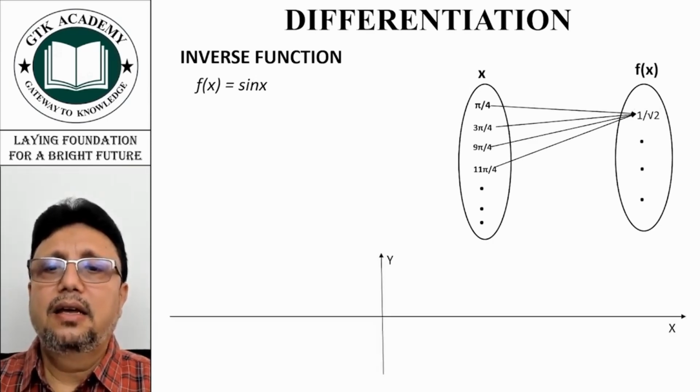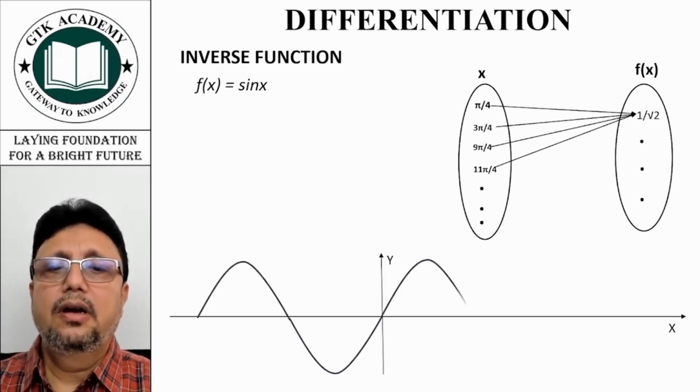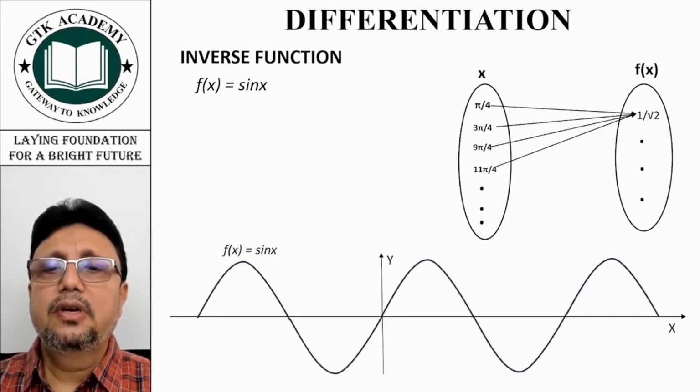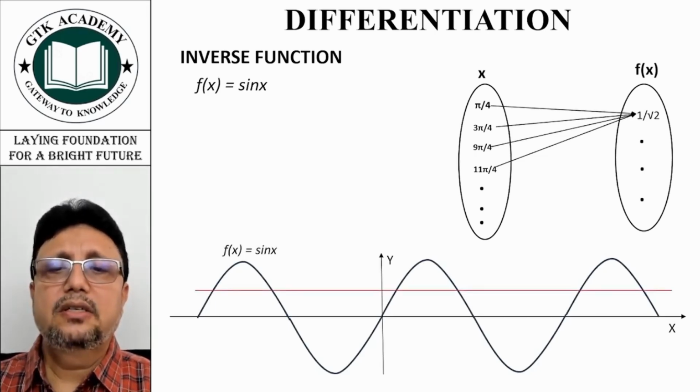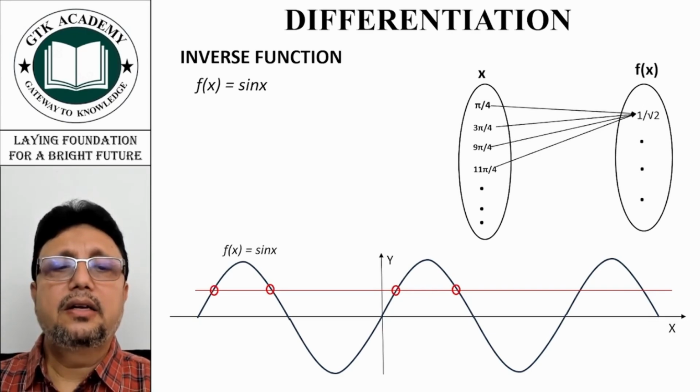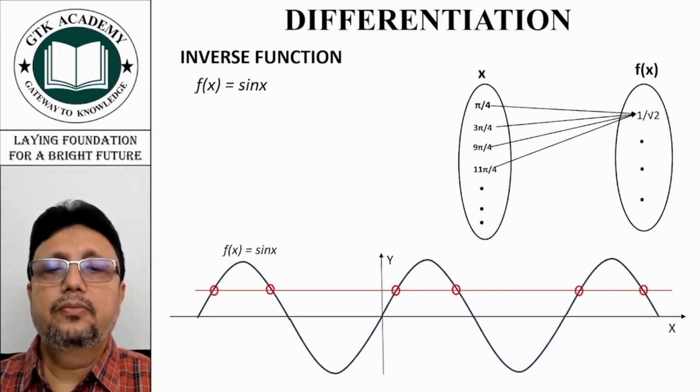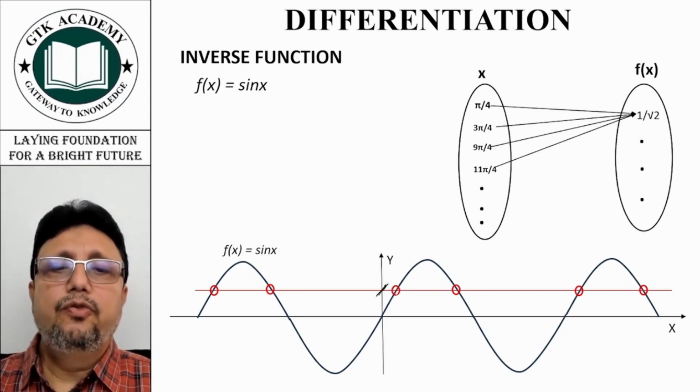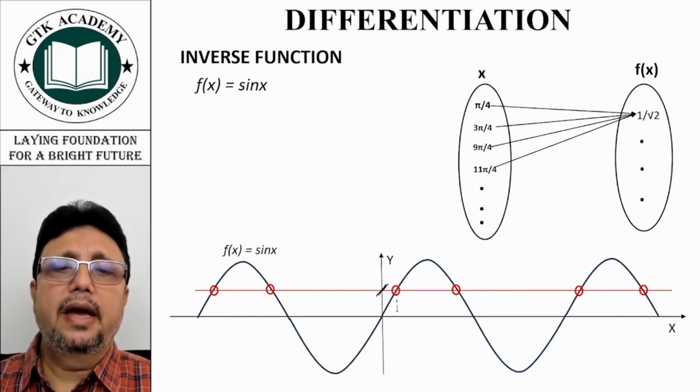Again, let me explain with a sine curve. This is a curve of sin x. Just take a line parallel to the x-axis. For this portion itself, it cuts the sine curve at so many points. That means for this value of y, that is sin x, we have so many angles.